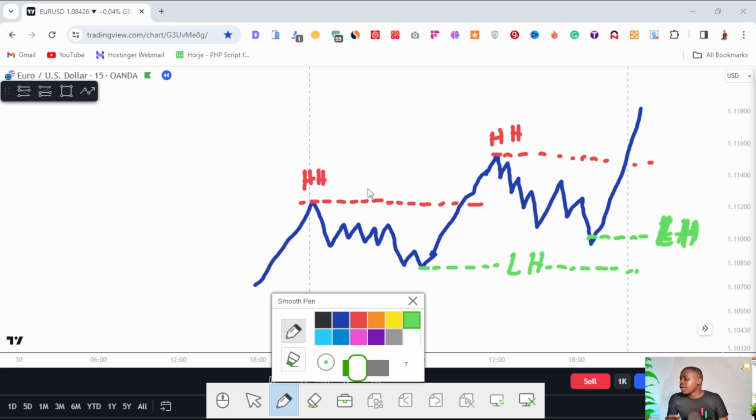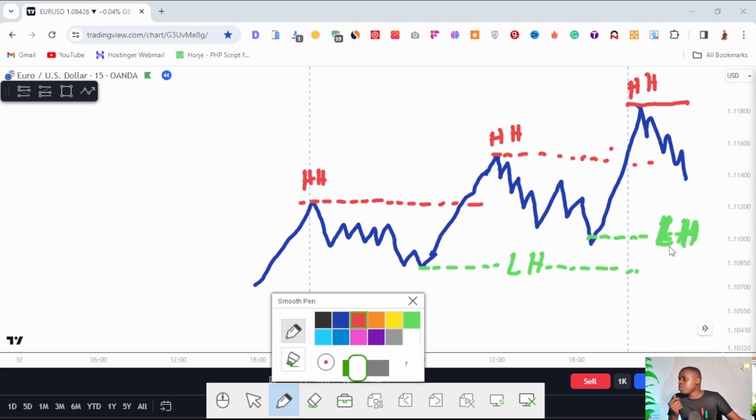So if this market does whatever it does right here, and it doesn't break below this higher low, I'm still in an uptrend. And once I get a reasonable pullback of like 3 candles, I have a new higher high, and I'm waiting for the market.